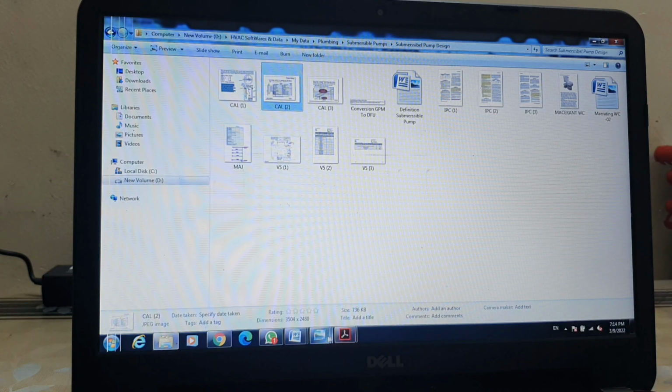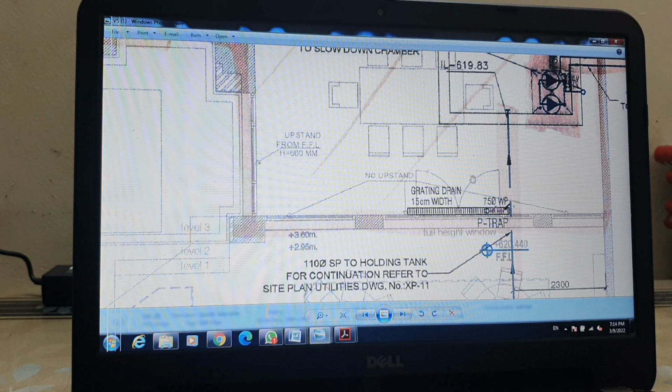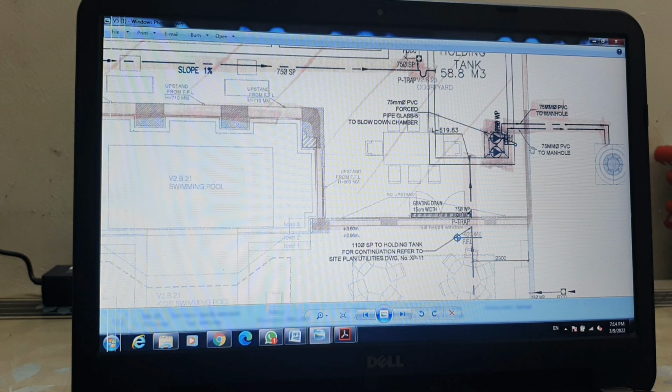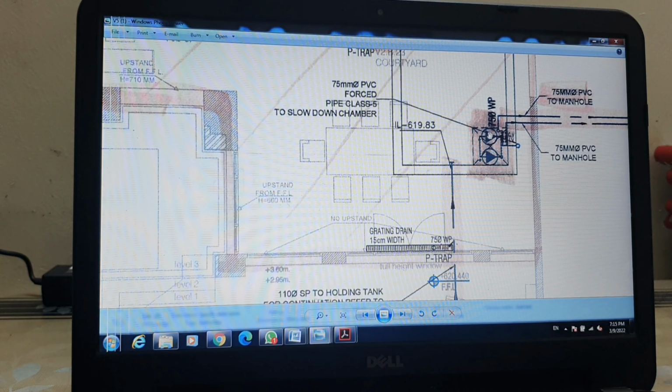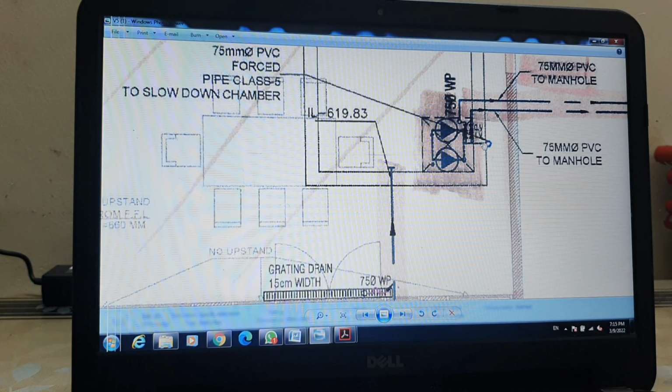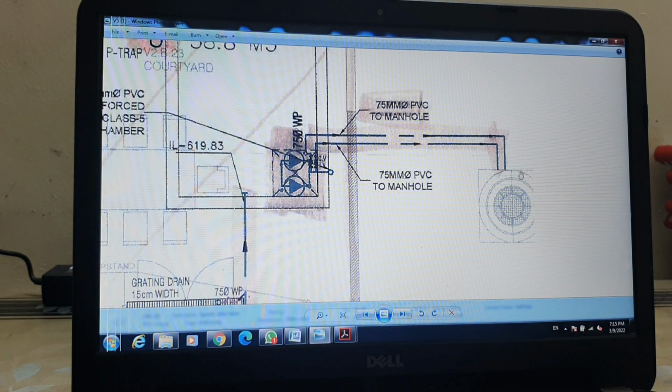While calculating the capacity, friends, we will also calculate the capacity for the discharge pipe. For example, this is our pump, and from the depth of this holding tank, including the pump, up to where it is throwing this wastewater, we check how much the vertical length is, what the pipe size is, and how many fittings like elbows, gate valves, and check valves we have in this path.